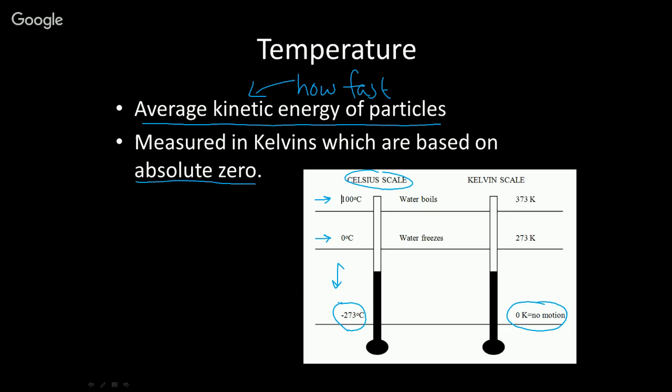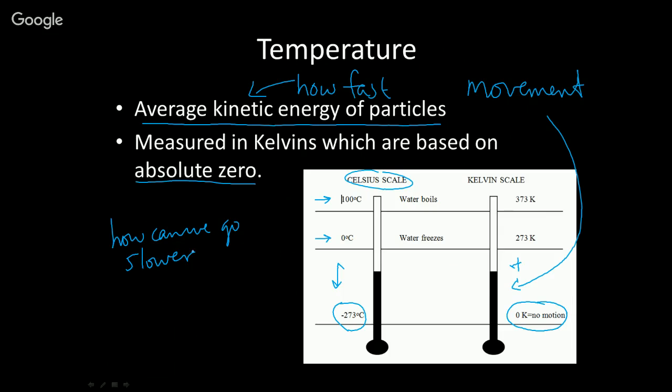So this idea of kinetic energy and particles moving and how fast they're moving, just the fact that there's movement, means that we need a positive value to indicate that, because a negative value would indicate that we're going slower than stopped. How is that possible? How can we go slower than stopped? Ponder that if you need to.